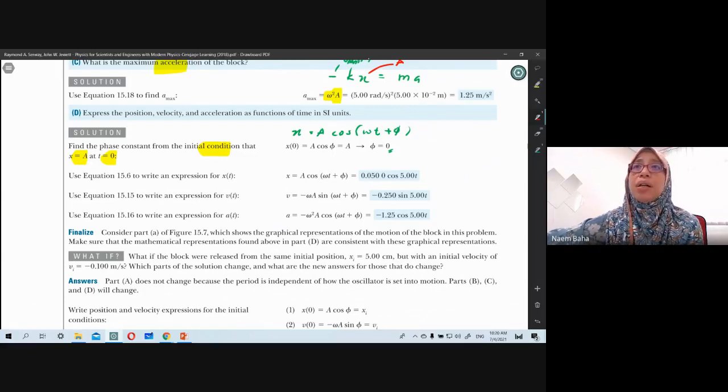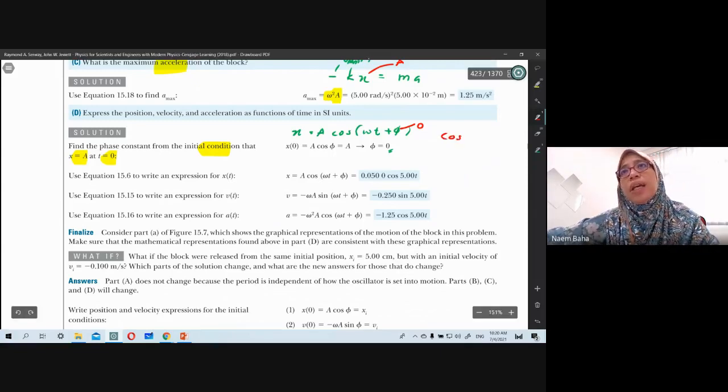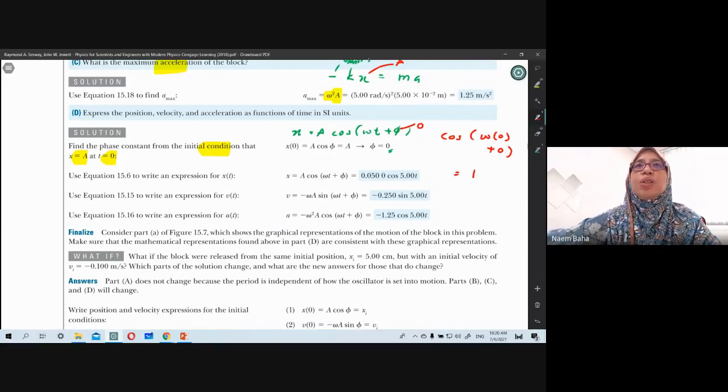And it makes sense that if you put cos 0, you have 1, and then mathematically omega t is 0 plus 0. Understand? So cos 0 becomes 1, and 1 times A is A. That's the idea.